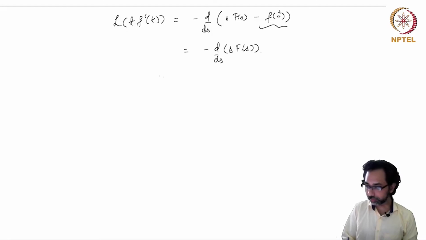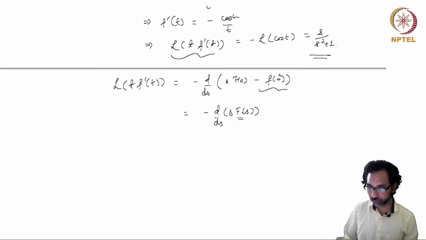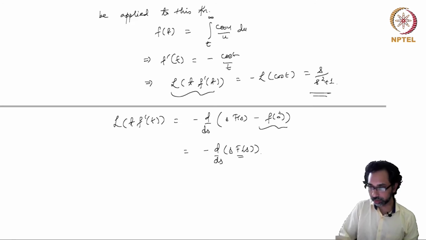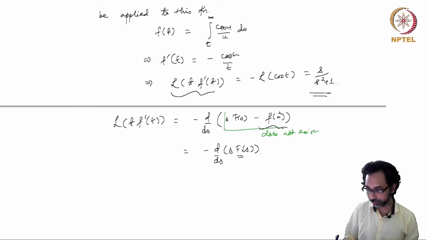Then you can solve a differential equation in F(s) to find the function F(s), given that your right hand side is s over s square plus 1. But as you can see, this limit does not exist, and so this is not a valid formula.